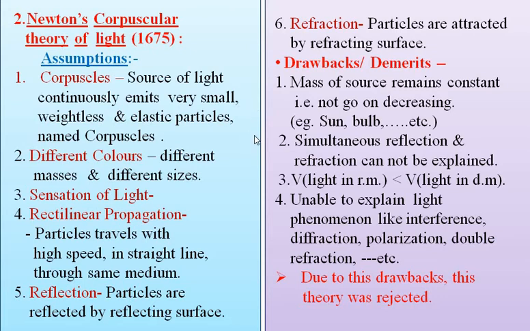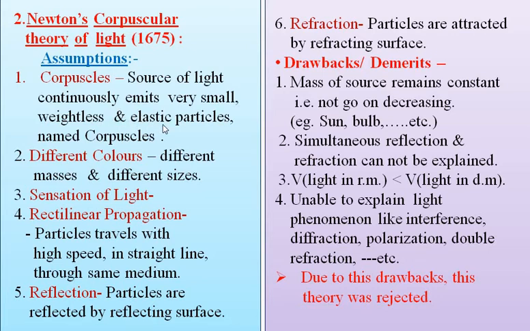There are some drawbacks in Newton's corpuscular theory. Drawbacks are also called demerits. The mass of the source remains constant. It does not go on decreasing, because according to Newton, the source of light continuously emits very small, weightless and elastic particles.